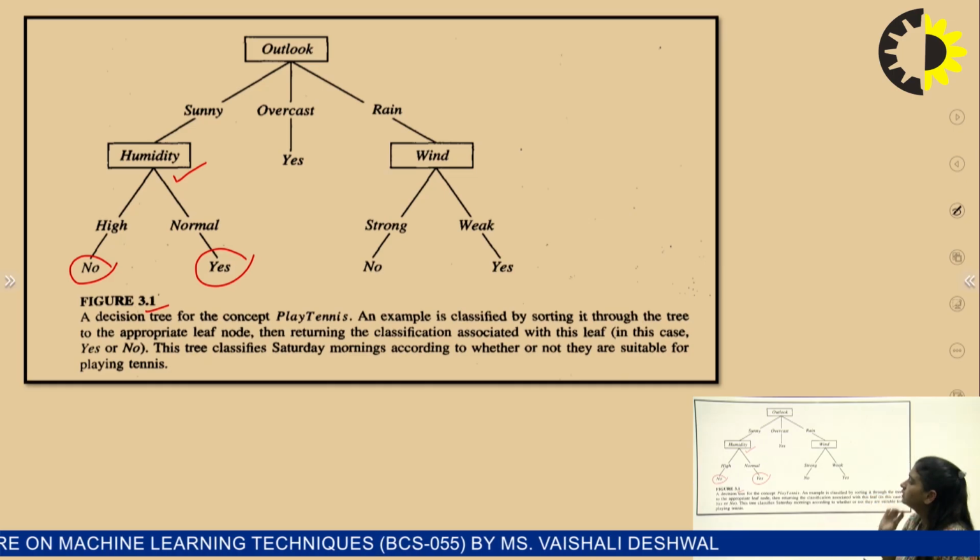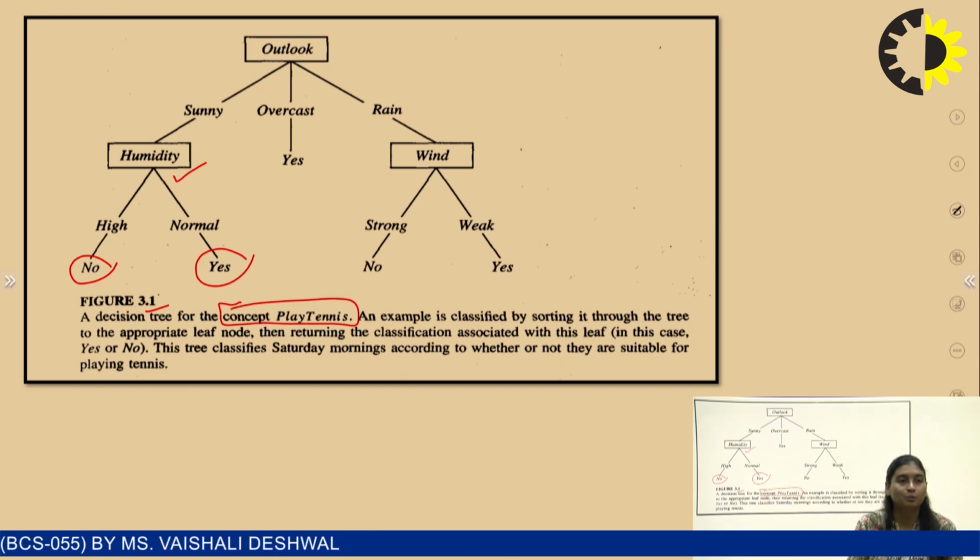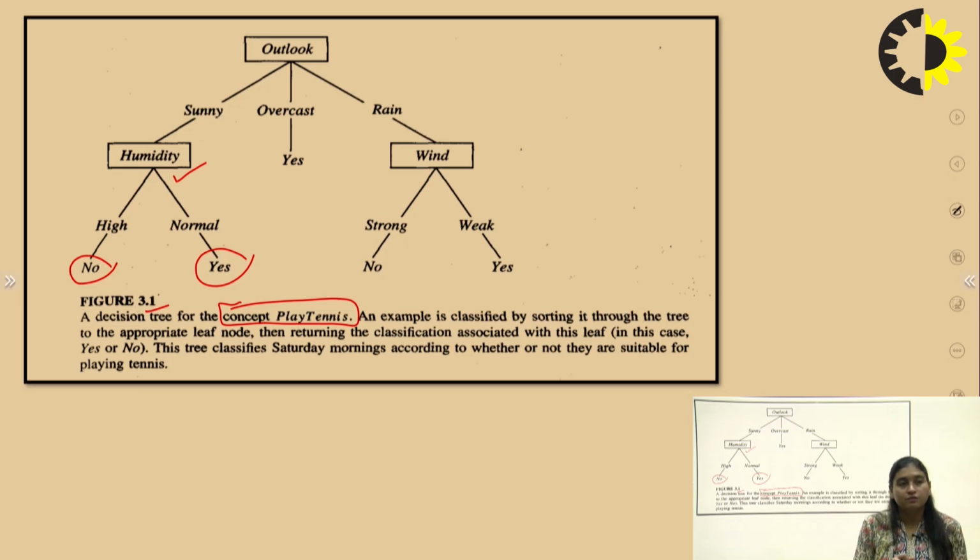So here is the decision tree for the concept play tennis. We have a concept called play tennis, and we are going to learn whether a person will play tennis on a particular day or not. We are going to classify that person, whether he will play or not. So it's a classification problem, and the concept is play tennis. We need to learn this, which is why we say it's a concept.